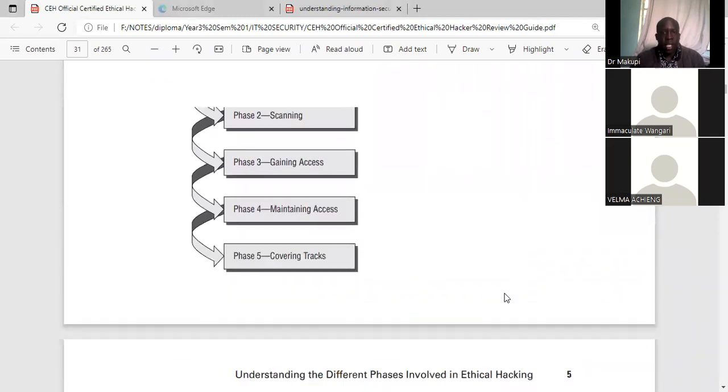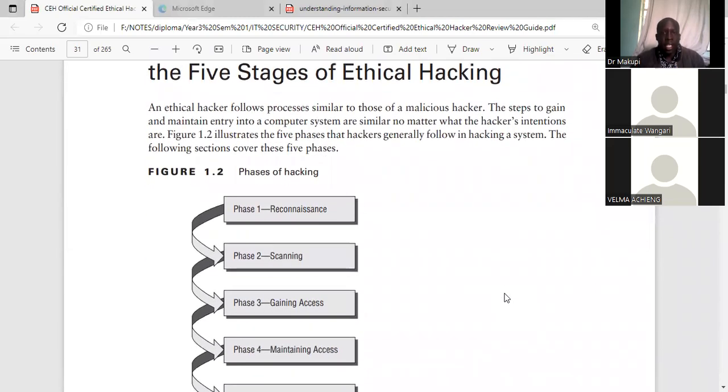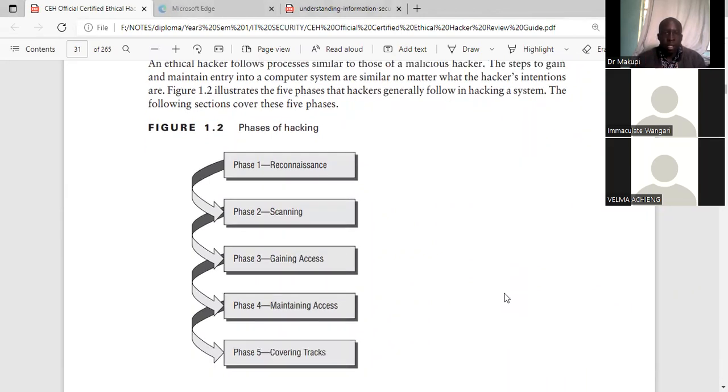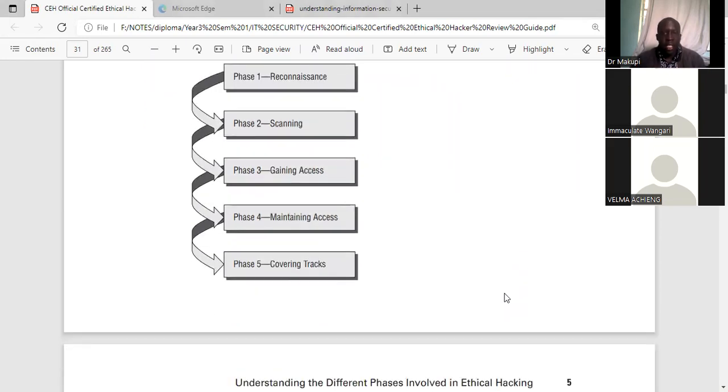Now, when I talk about the hacking phases, I mean the methods that attackers use to access systems, or the steps that hackers normally follow to attack our systems. It starts from reconnaissance, which we'll deal with in detail. You start by reconnaissance.